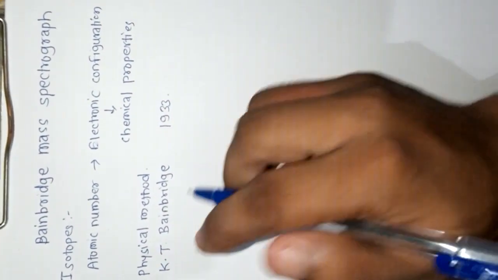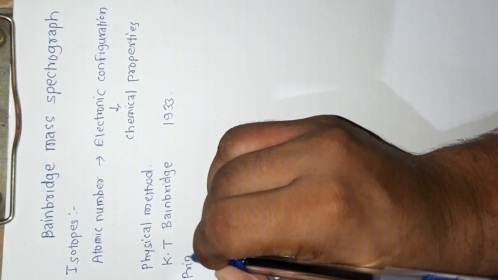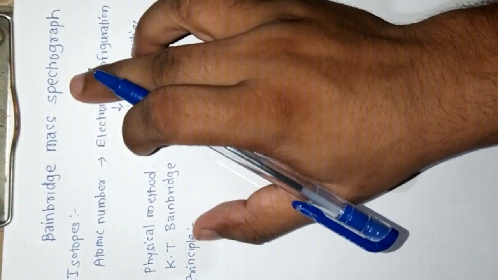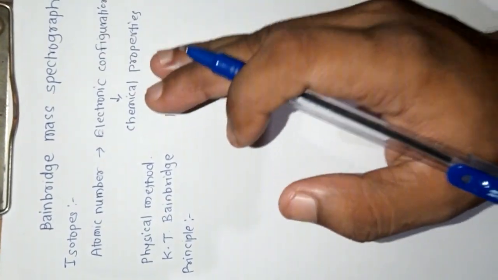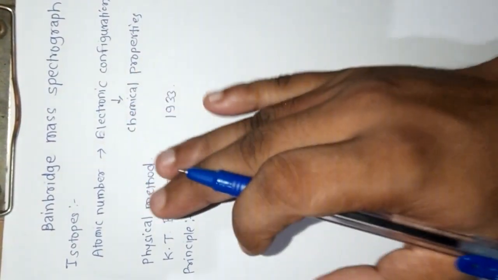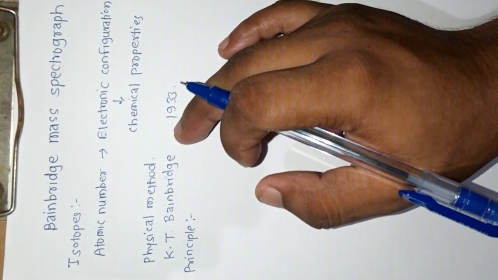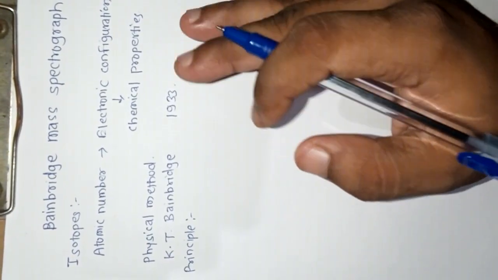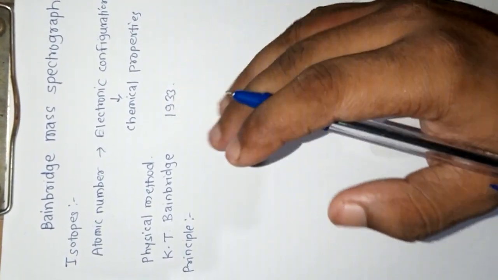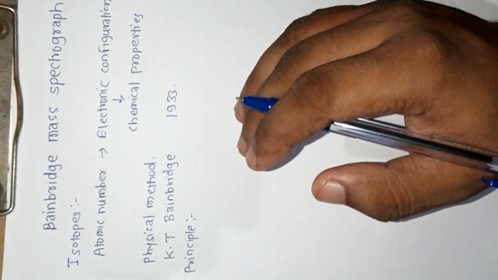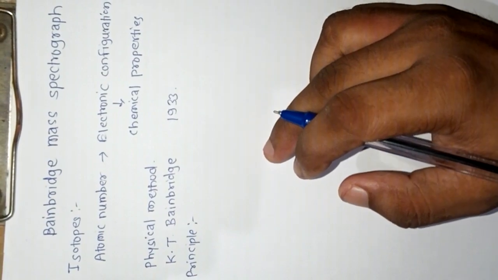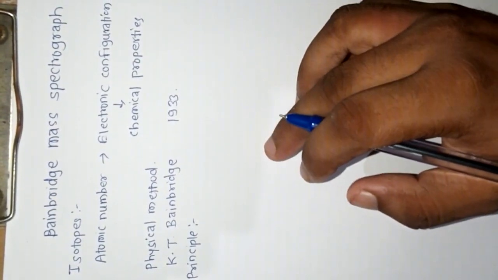The basic principle behind this Bainbridge mass spectrograph is that when a uniform magnetic field is applied normally to the path of ions having the same velocity, then under the influence of this magnetic field, the ions follow a circular or semicircular path with different radii.